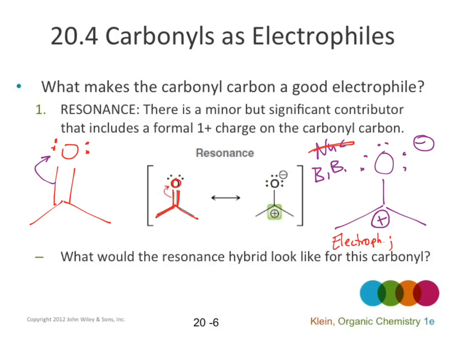For it to be Bronsted-Lowry, we have to have a hydrogen attached to that carbon. We don't have that. So it's a Lewis acid. So our Lewis acid and our electrophile are effectively the same thing. Let's call them equals. And we're just going to call it Lou for the moment. I don't care what the hybrid looks like, so you don't have to worry about that question.